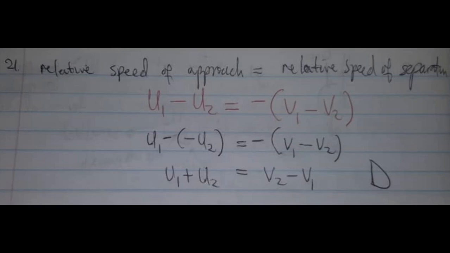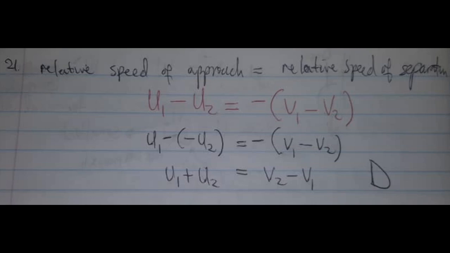u1 minus u2 is equal to minus bracket v1 minus v2, which then changes to v2 minus v1 right there. So in this case, u1 is going to the right, u2 is going to the left.